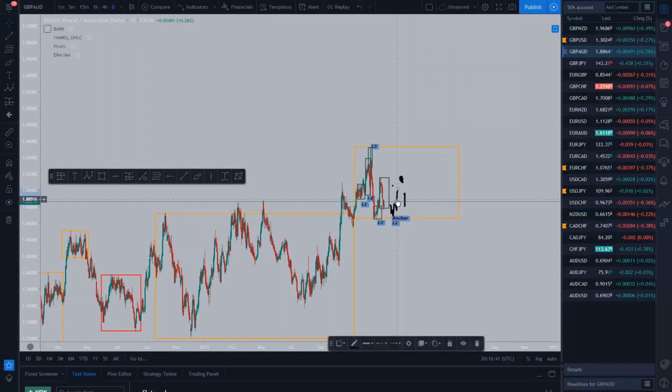I've already done my analysis, so I'm going to get rid of it and do it with you guys again. This is my analysis of the different levels. I'm going to show you guys exactly what I look for when I'm identifying my levels, okay? So just give me a minute. I'm just getting rid of the unnecessary mess.